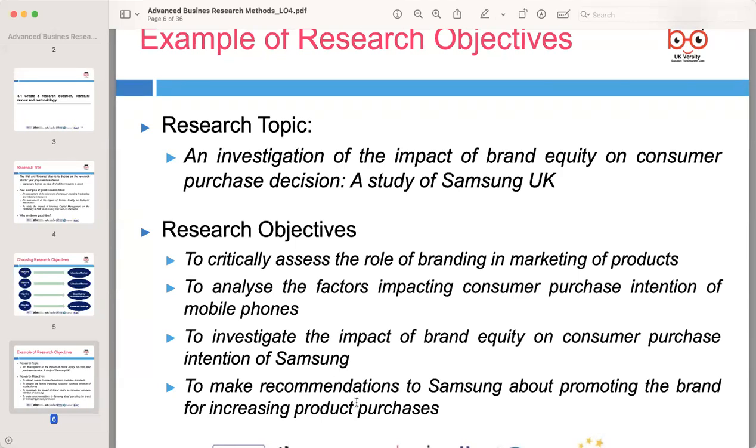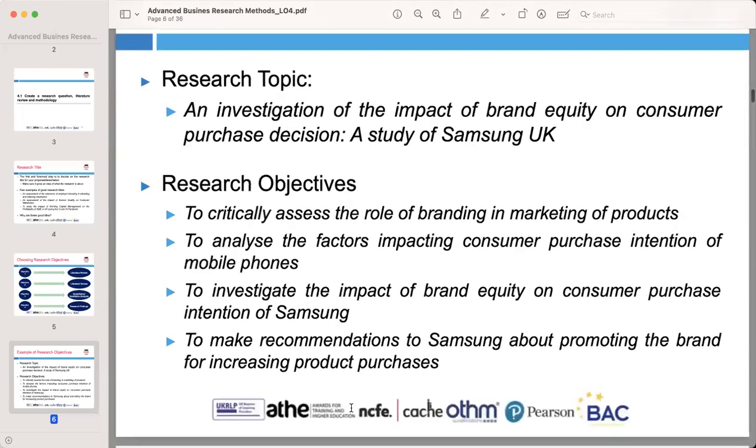And finally, to make recommendations to Samsung about promoting the brand for increasing product purchasing. So to provide recommendations to Samsung on promoting their brand to increase product purchases, we will offer suggestions to Samsung on how they can enhance their brand promotion strategies to boost product sales.